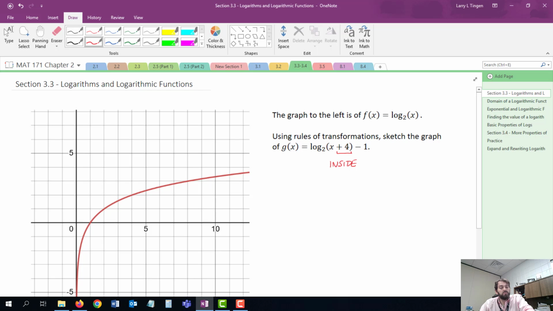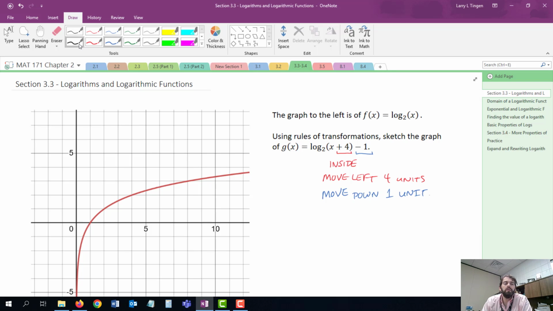So that looks like a move to the right by 4 units, but it's actually left 4 units. And then the minus 1 is on the outside, and that does exactly what it looks like. Move down 1 unit.